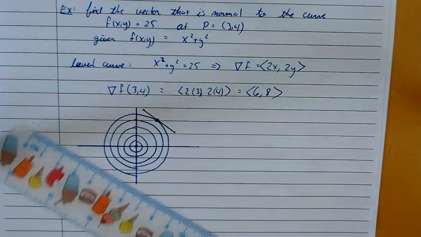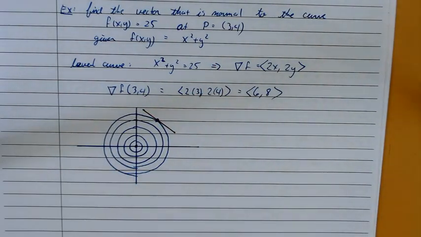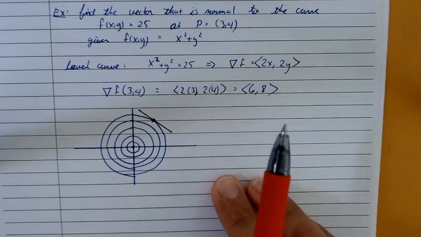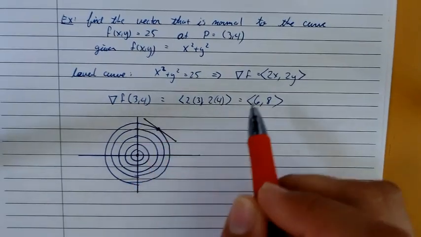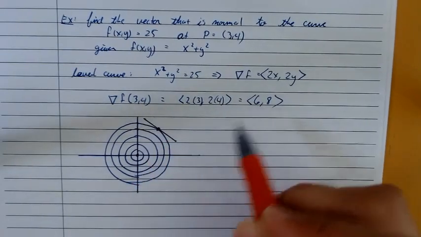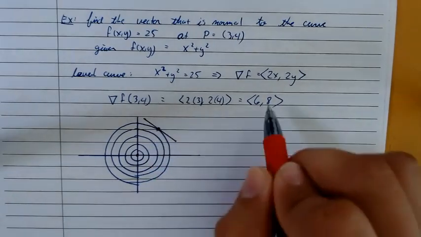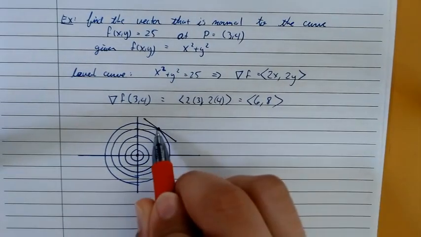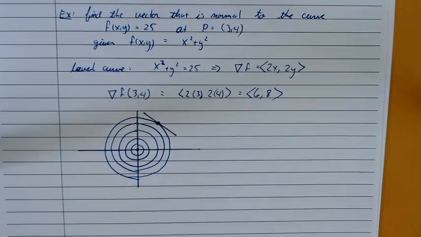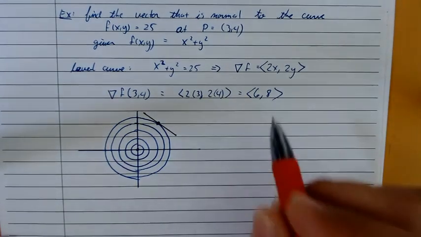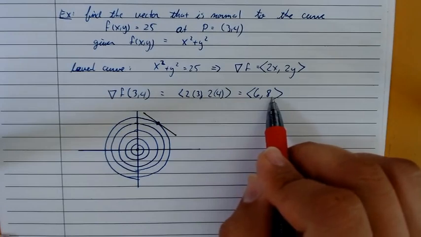Okay, so now we want to find the vector that's normal to the curve, which again we find is the gradient. At that point it will be 6, 8. That would have you move 6 units to the right and 8 units up.